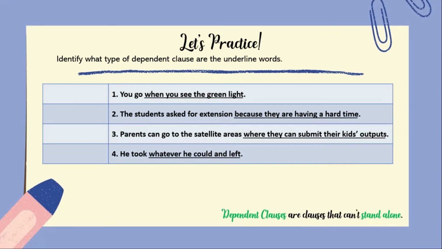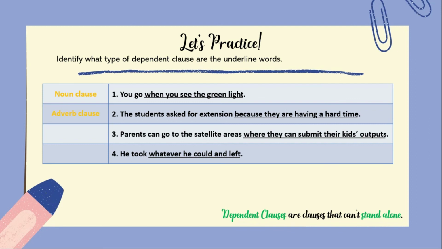Let's practice. Identify what type of clause the underlined words are. Pause to think. Number 1. You go when you see the green light. Answer: noun clause. Number 2. The students asked for extension because they are having a hard time.